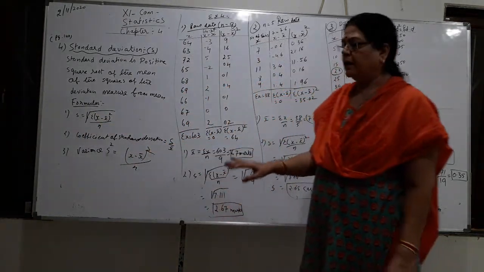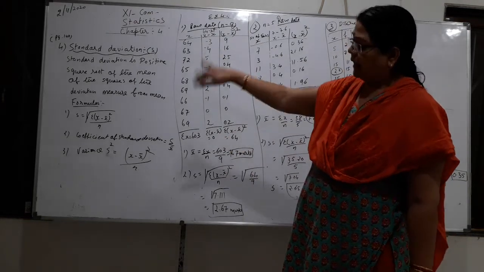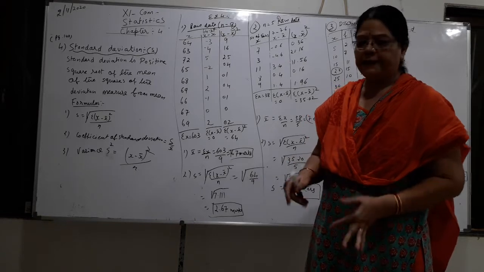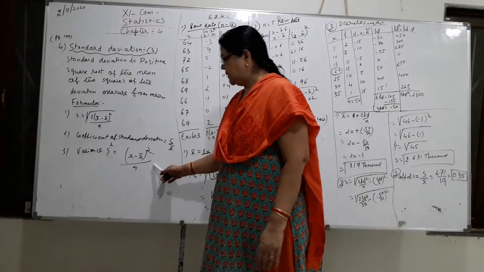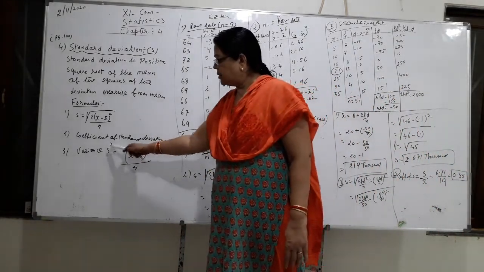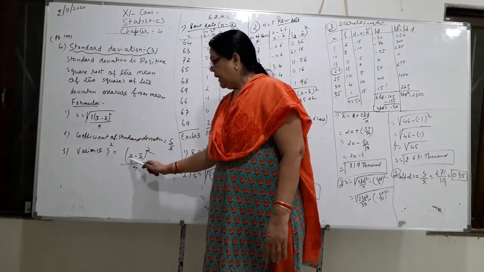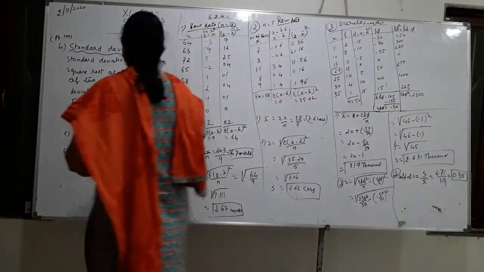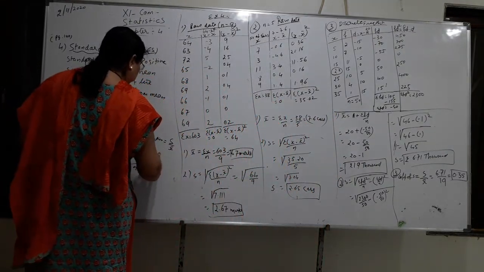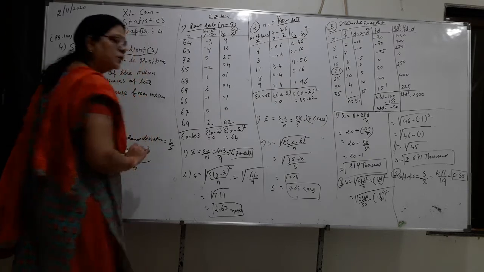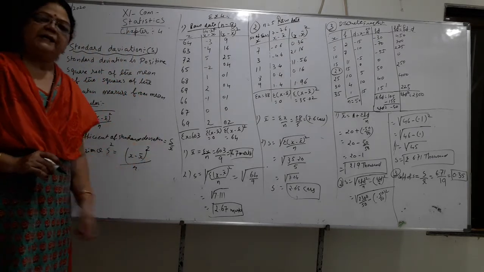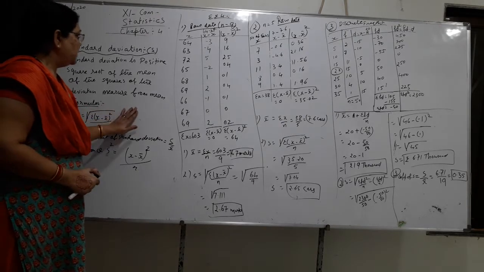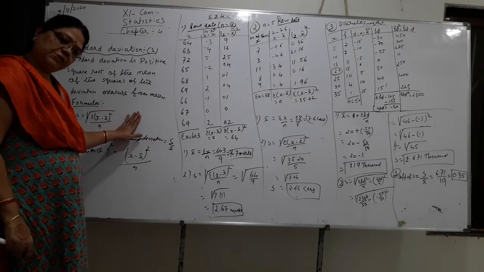In other words, you have to square both sides. So children, here S square means variance, and it is sigma (x minus x bar) whole square upon n. It is the same formula, but that was under the root and this is without the root. And the coefficient means S upon x bar.